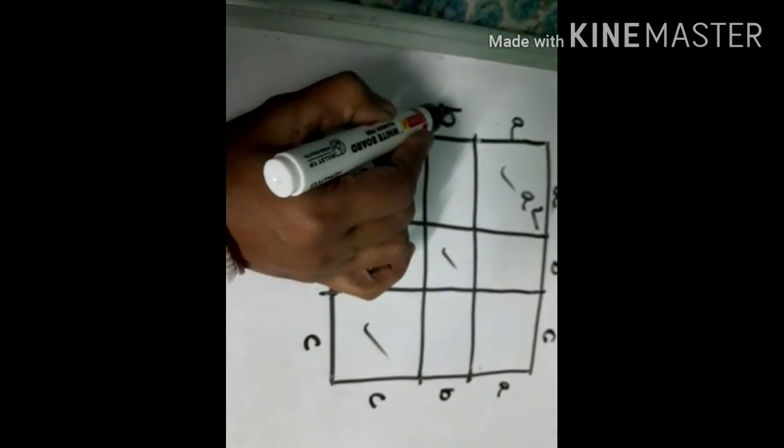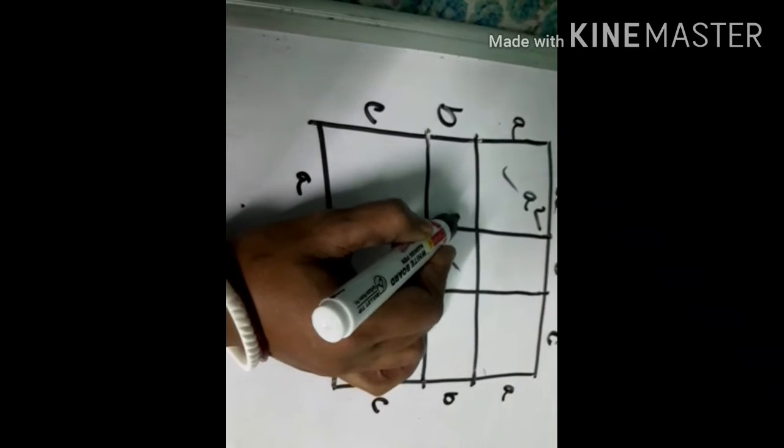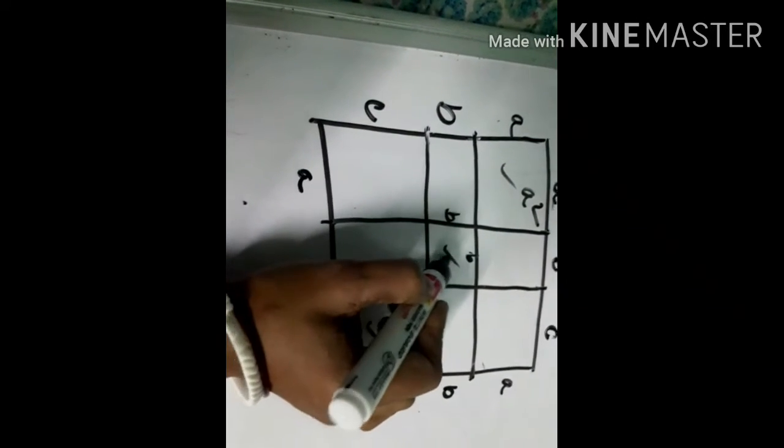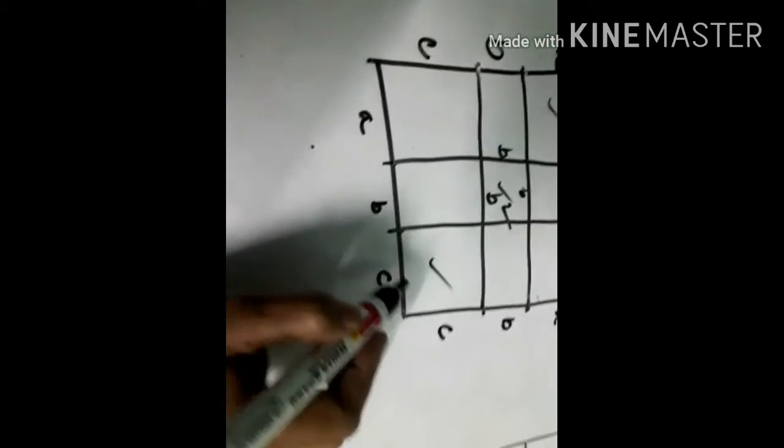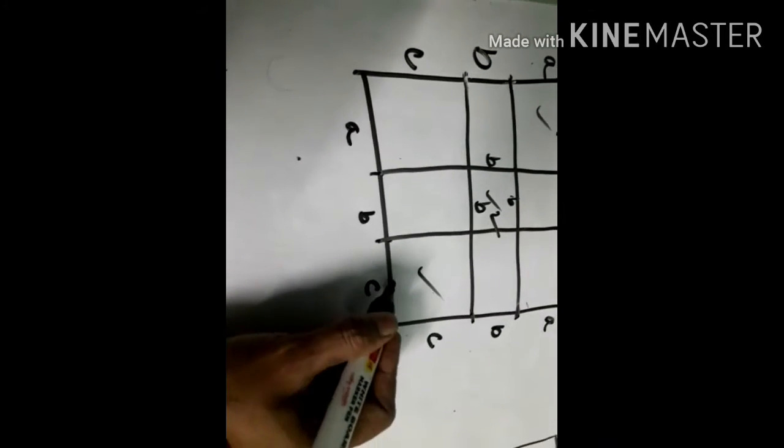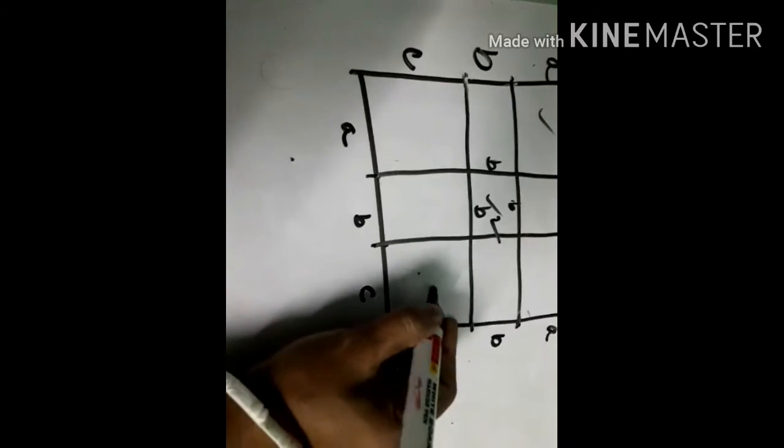A means side into side, that is A square. This side is B, this side also B, so B square. This is C, so C square.